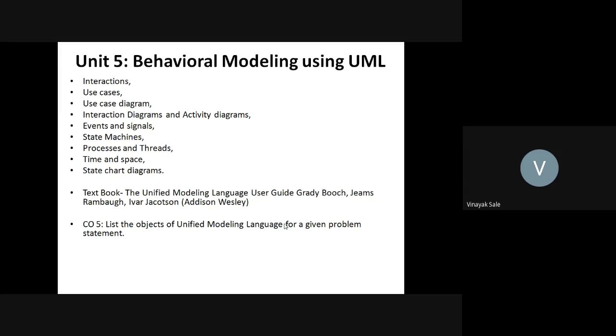For this syllabus, the textbook is the Unified Modeling Language User Guide by Grady Booch, James Rumbaugh, Ivar Jacobson, by Addison Wesley. For this chapter, your CO is to list the objects of Unified Modeling Language for a given problem statement.